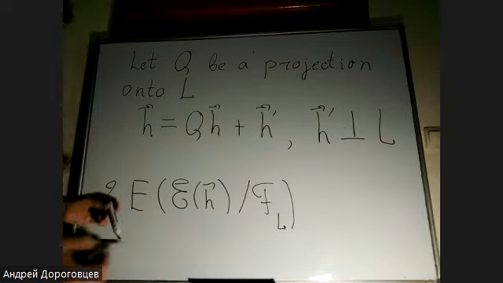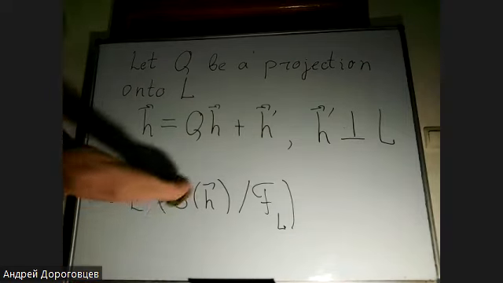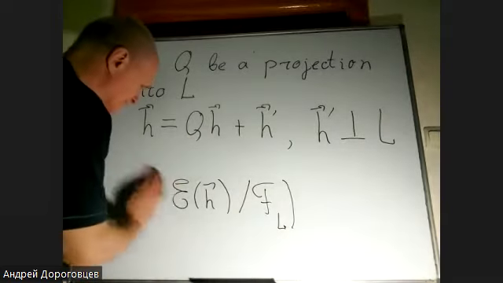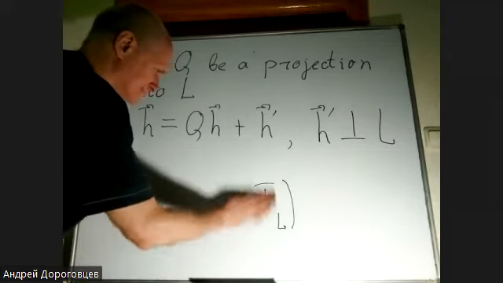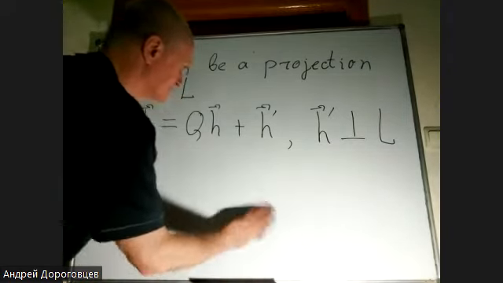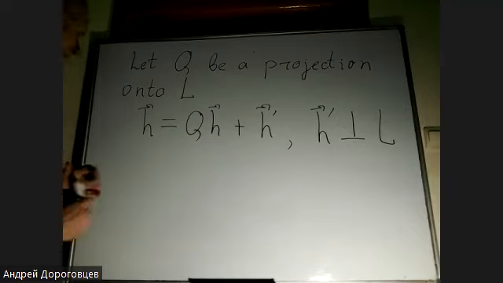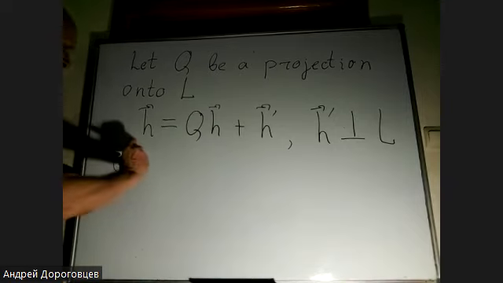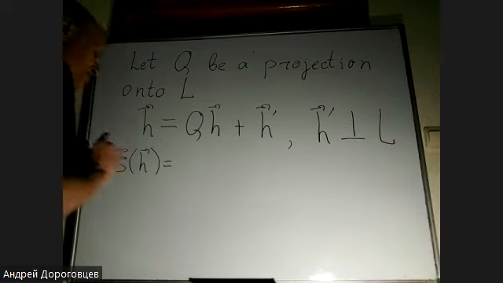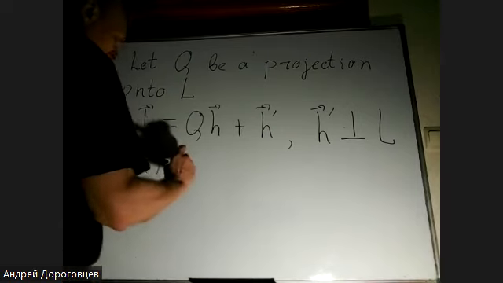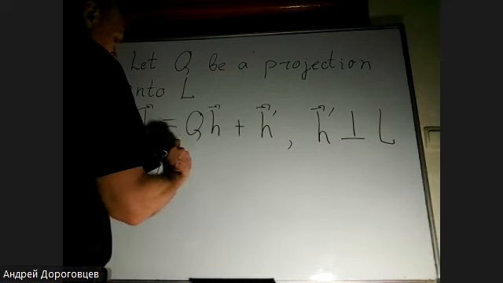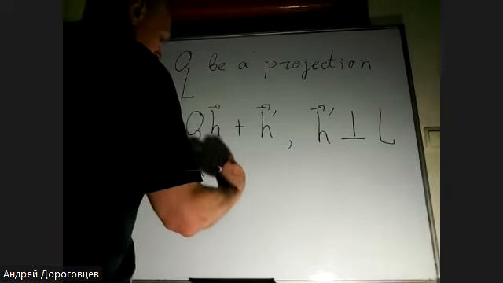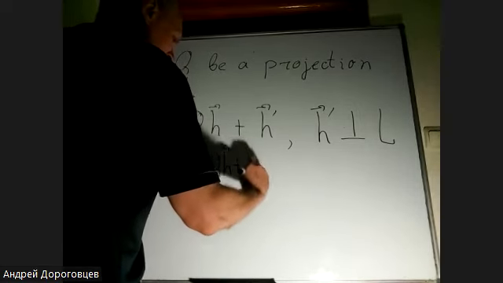Relative to such a representation, one can transform this stochastic exponent. Namely, I can write E(H) is equal to E(QH plus H prime).